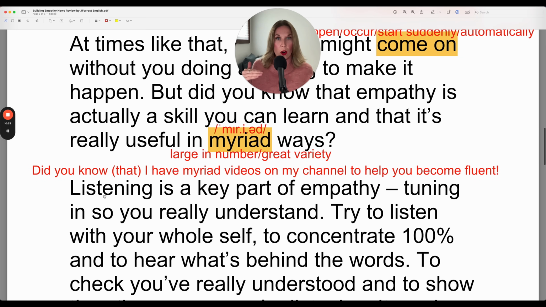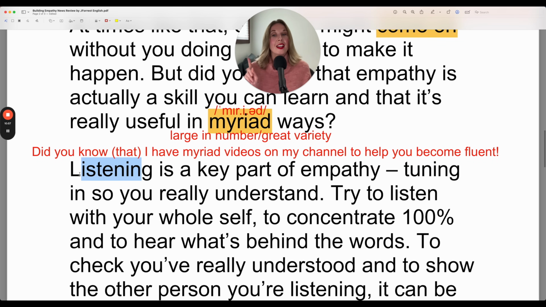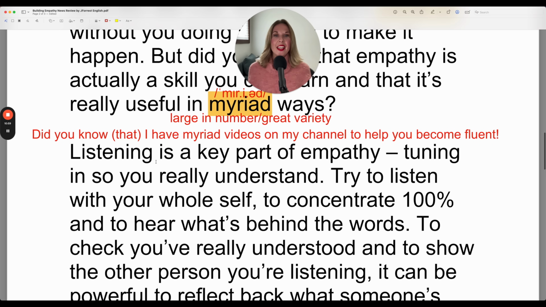Now, the rest of the article, they'll talk about these myriad ways. The first, listening. Listening is a key part of empathy. Do you know what key means in this context? Of course, we're not talking about your house or your car keys. Listening is a key part of empathy. In this case, key means important part of empathy.